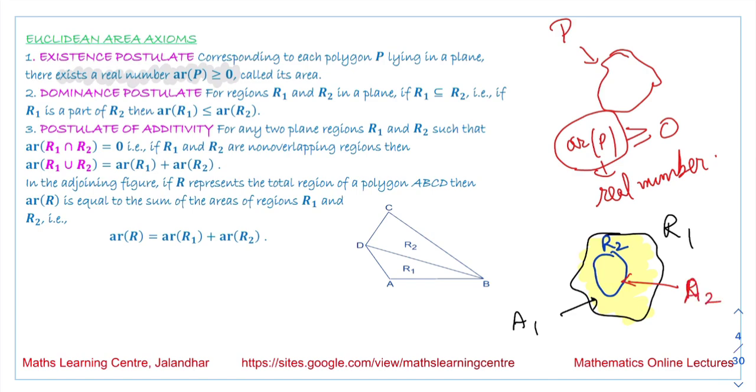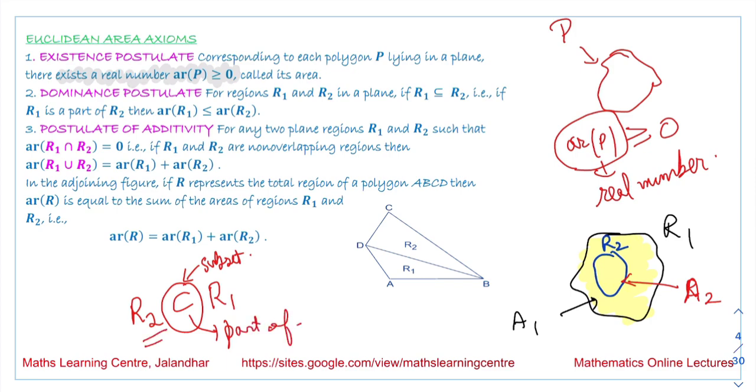R2 is contained in R1. This is the symbol for subset, but you do not need much set theory; you can just read it as 'is a part of'. So if R2 is a part of R1, then area of R2 is less than area of R1, that is, A2 is less than A1.